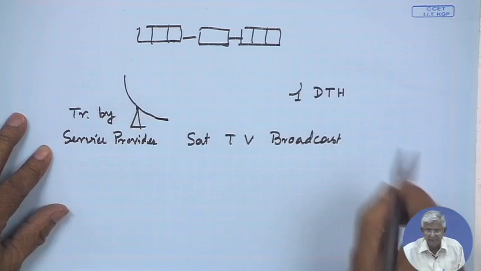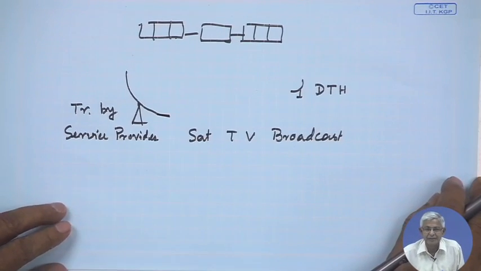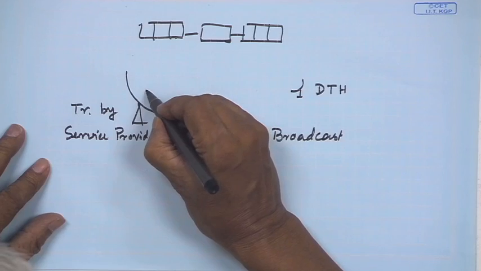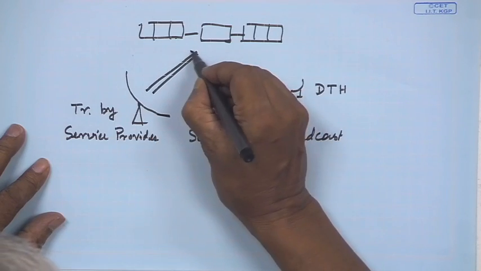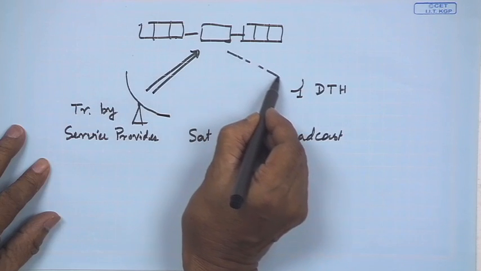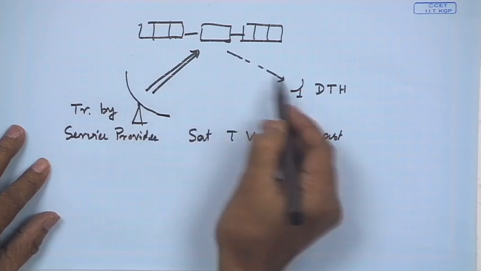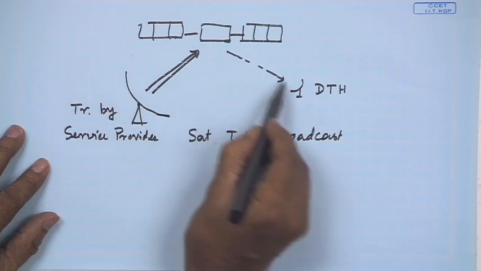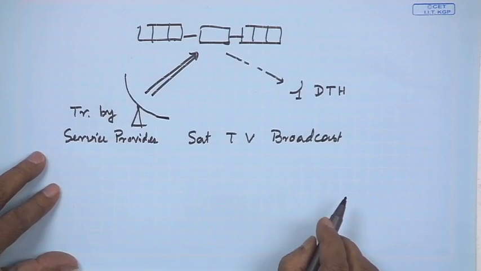There are standard commercial service providers, and government service providers like Doordarshan, Tata Sky and many others. So, this link is a fat link, uplink, and this link is a thinner link in terms of C by N naught. So, C by N naught uplink is very high compared to C by N naught downlink.